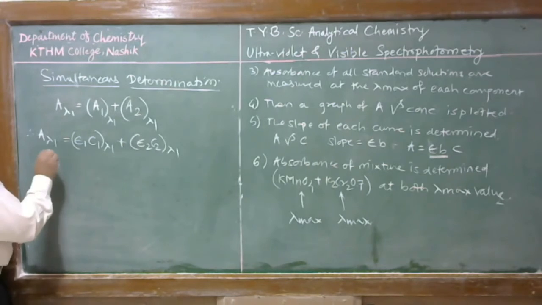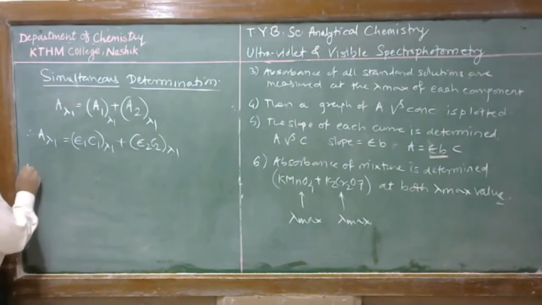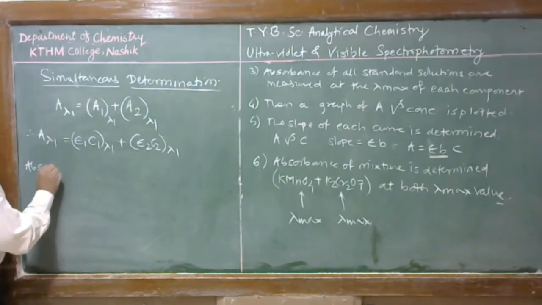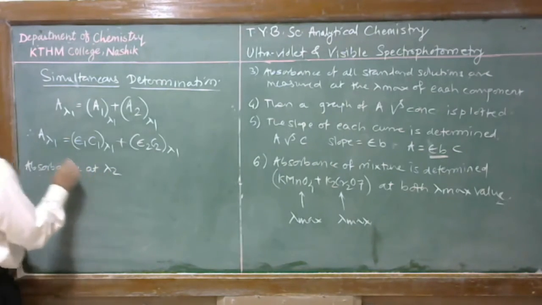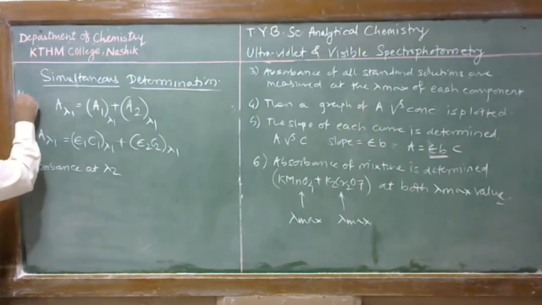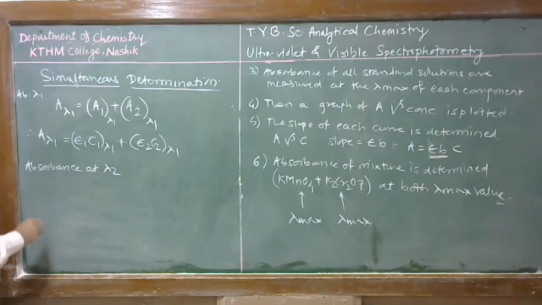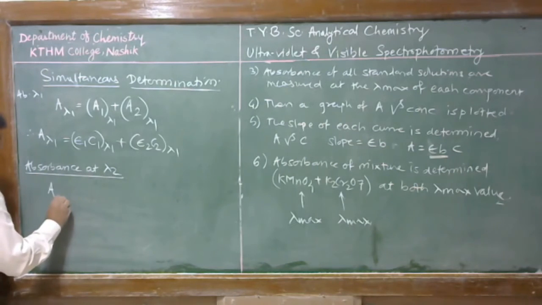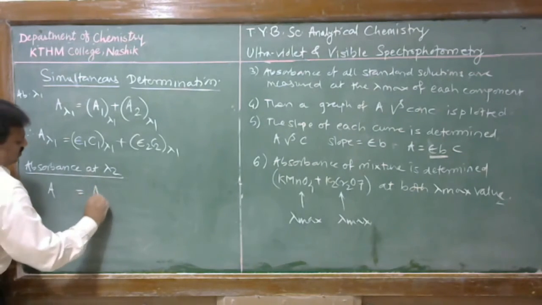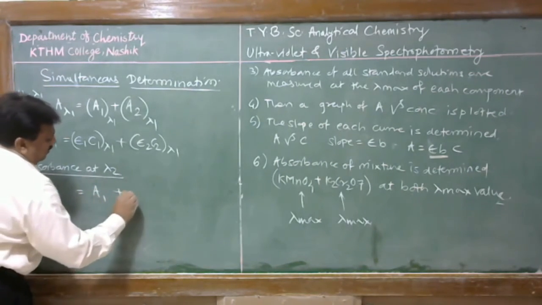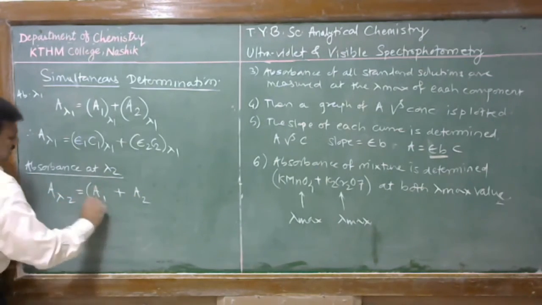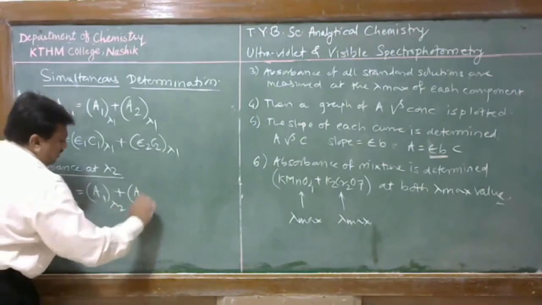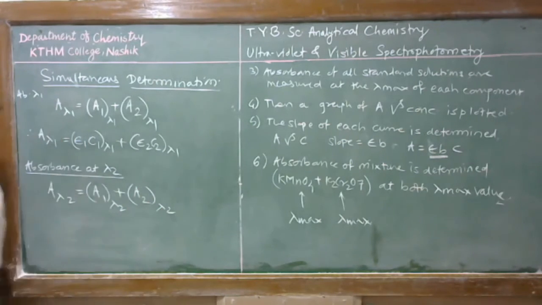Similarly, here is the absorbance at lambda 2. This is the absorbance at lambda 1. Therefore, at lambda 2, total absorbance is again the absorbance of the first component plus the absorbance of the second component, both measured at the lambda 2 wavelength.